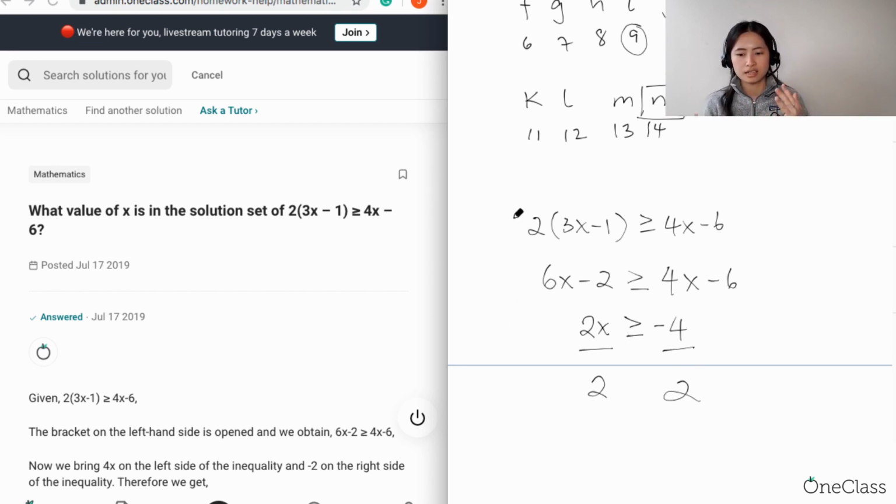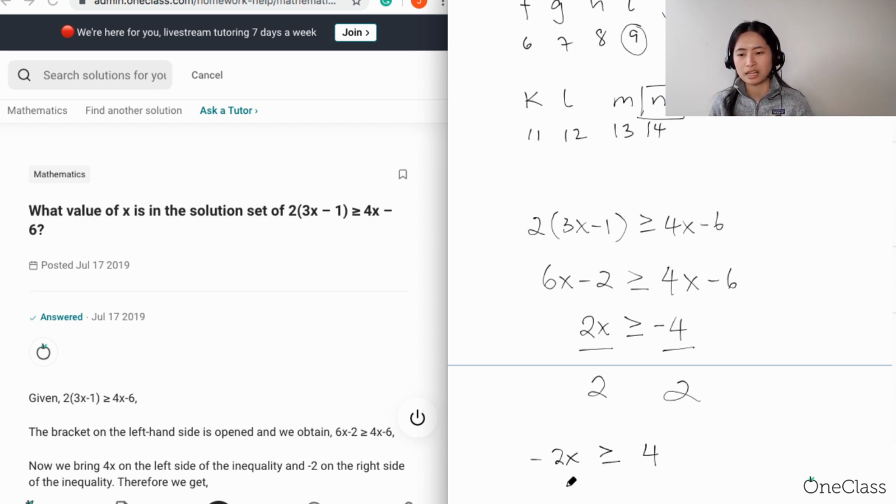However, if the scenario changes, say you have negative 2x, regardless of the sign of 4, as long as you have a negative coefficient, a negative number multiplied to x, that's the only time you change the direction of your inequality symbol. Otherwise, everything remains the same.